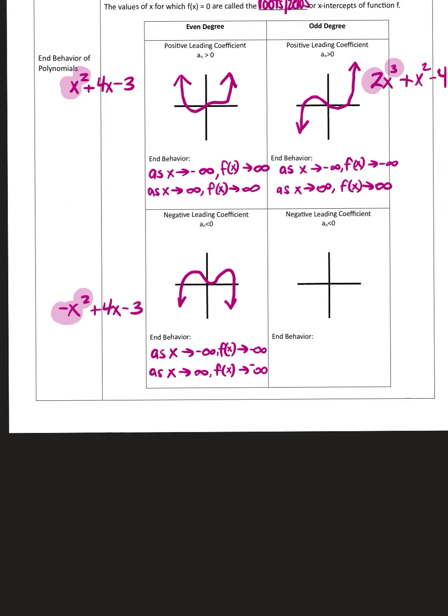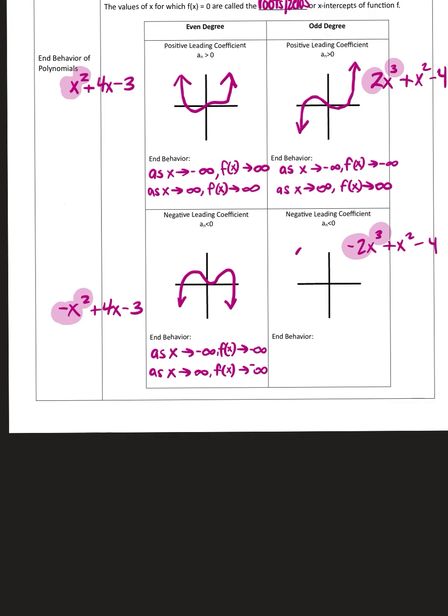So last but not least, we are going to look at the negative leading coefficient for an odd degree function. So again, this might be something that looks like negative 2x to the power of 3 plus x squared minus 4. Again, we have a coefficient that is negative, but this time we have an odd degree function, okay?